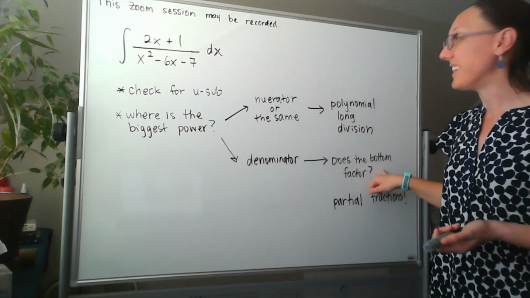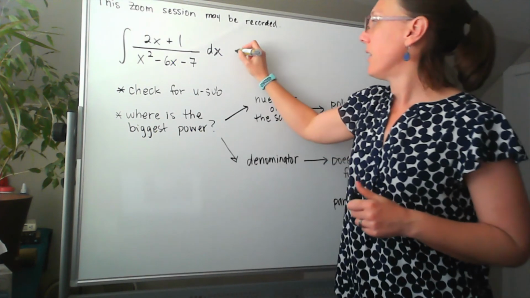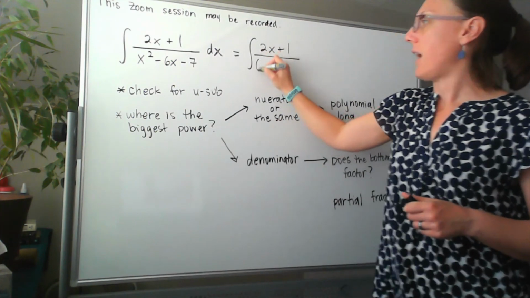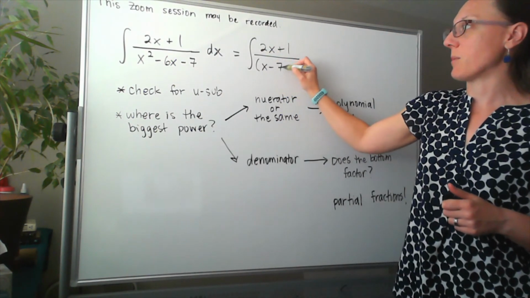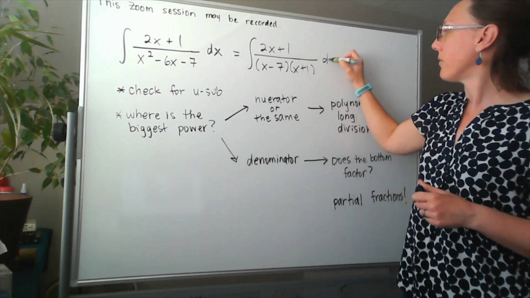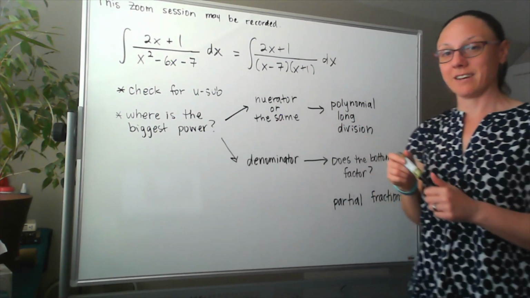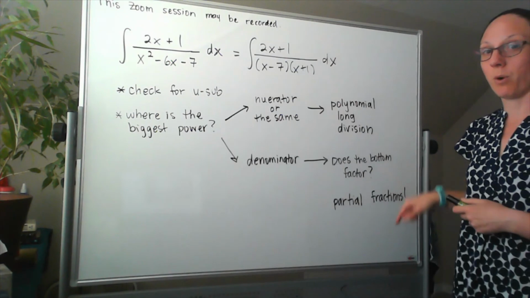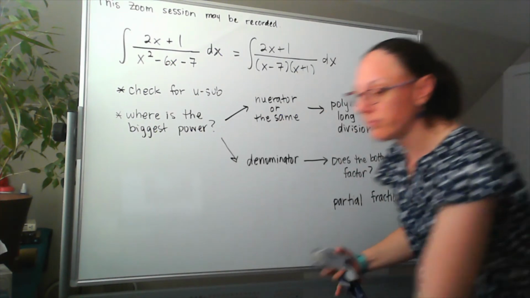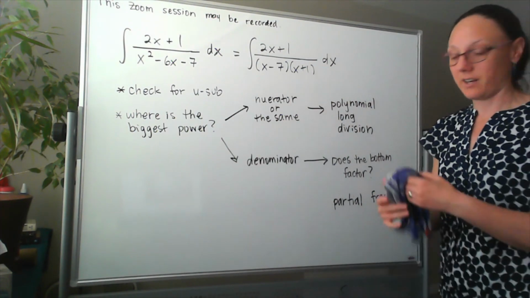Now I'm going to see, does the bottom factor? Looking at that denominator, I can factor that as x minus 7 times x plus 1. So yes, the bottom does factor, and we should be thinking about partial fractions. I'm going to erase this flowchart so that we can get into the problem.